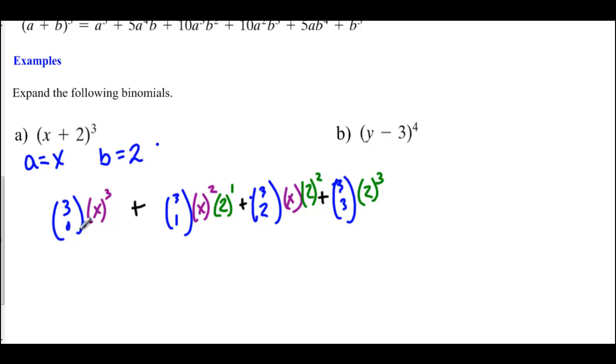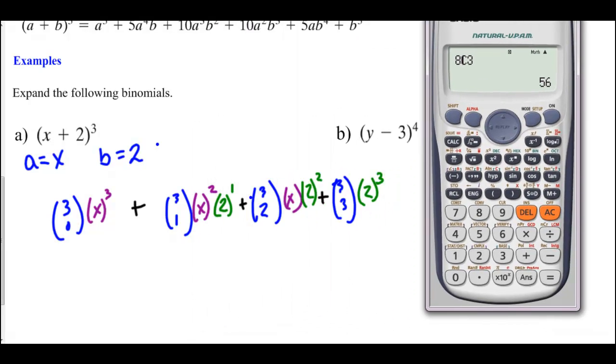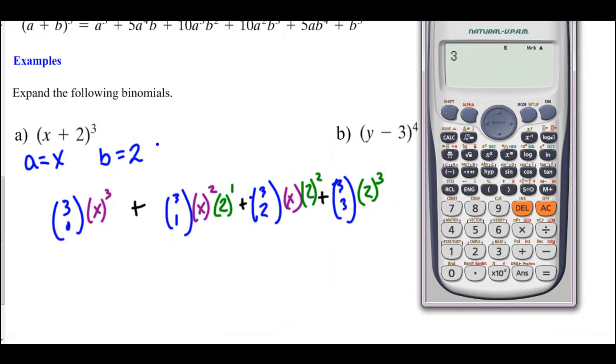So 3 choose 0 is going to be 1. If you're not sure, ask your calculator. So you got 3, and then choose 0. So there's your 1. Let's go ahead and do 3 choose 1.